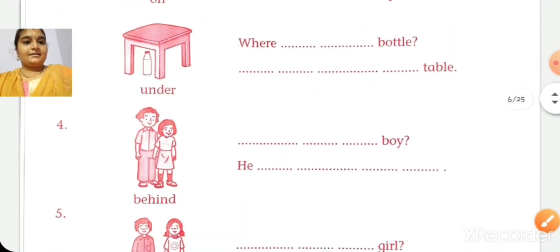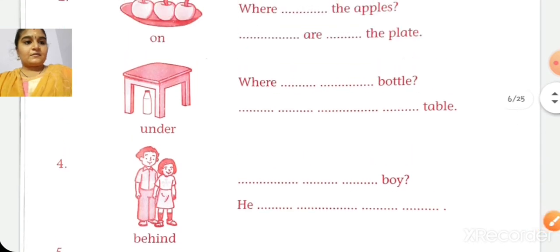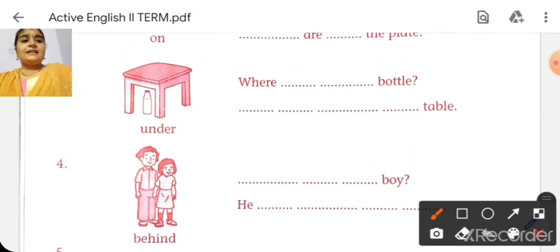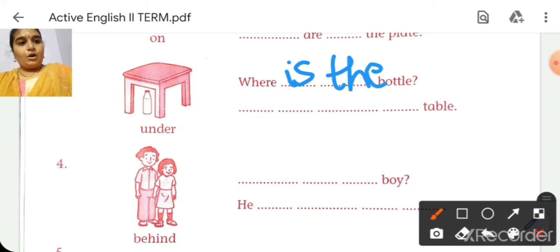Third one. Where is the bottle? It is under.